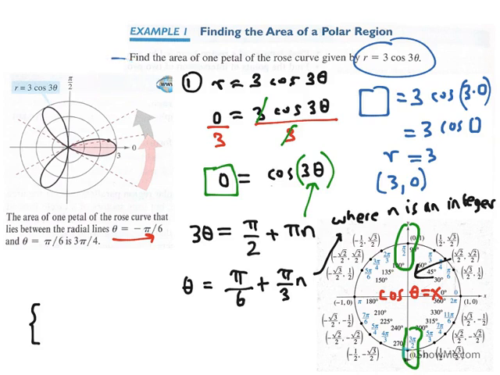So that tells you that if you start at theta is equal to 0, you're actually starting at this point on the rose curve with polar coordinates r theta, where r is equal to 3 and theta is equal to 0. And then as you go from theta is equal to 0 to theta is equal to pi over 6, this part of the curve is being traced.